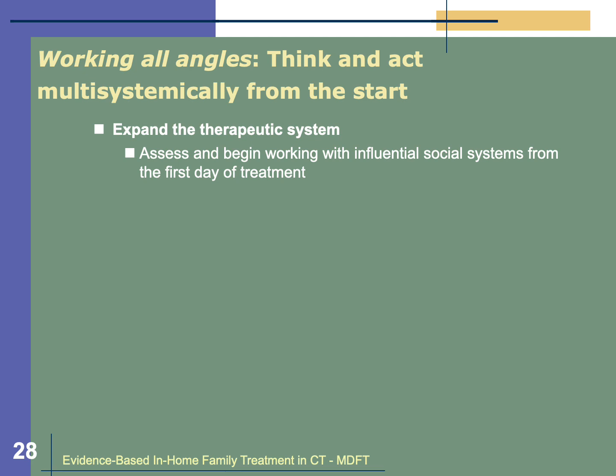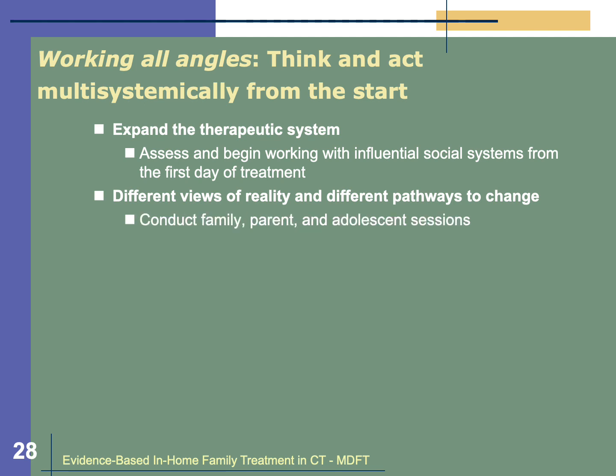We can use some tools that will help us do this, genograms being one, ecomaps being another. We do this so that we can get different ways of understanding how the family views their social world, but also the different patterns or pathways that can lead to change. So different things that we can do to influence change.